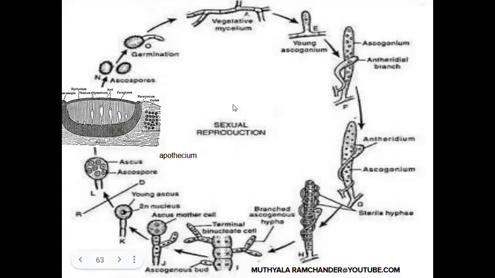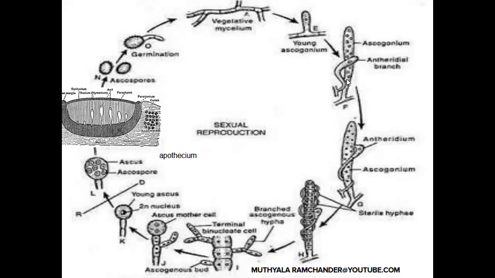Algae cannot participate in sexual reproduction in lichens; only fungi participate. The fungi produce a cup-like structure for sexual reproduction. See, here is the Ascomycotina fungus. In favorable or unfavorable conditions, an ascogonium develops, as in Ascomycotina like Penicillium. It is the female reproductive organ.